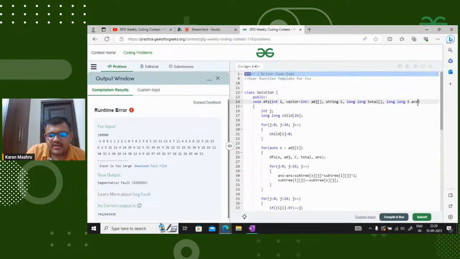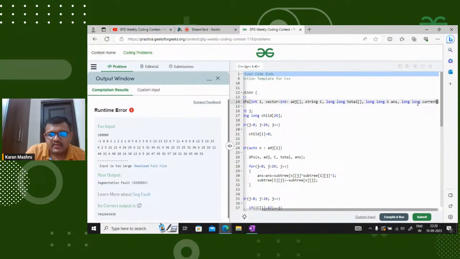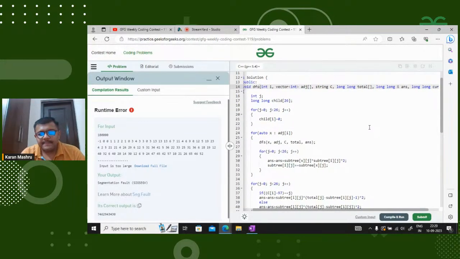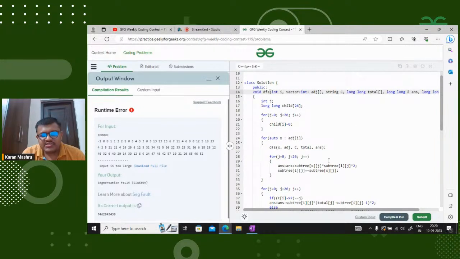Okay, so let me take long current, right? So in that I'll store. Now I have declared here one as child.